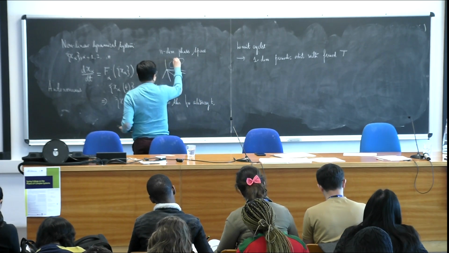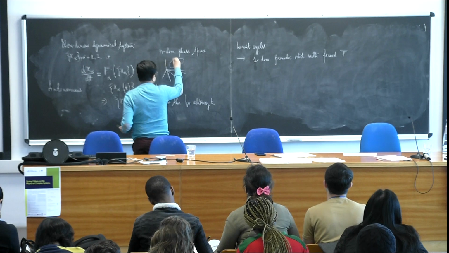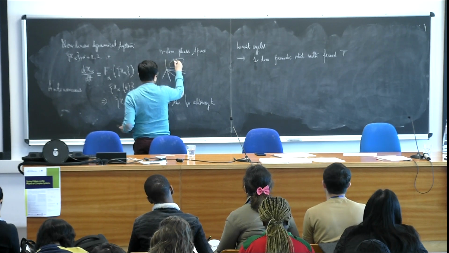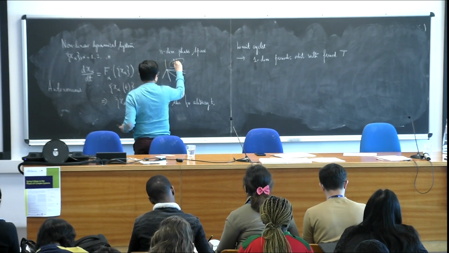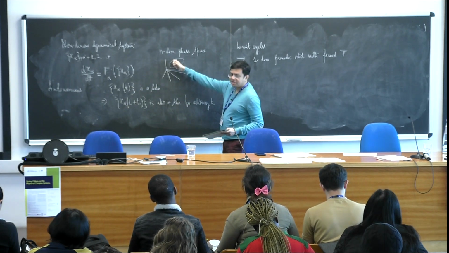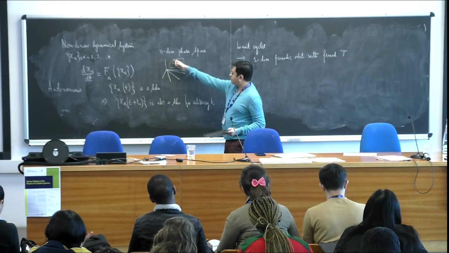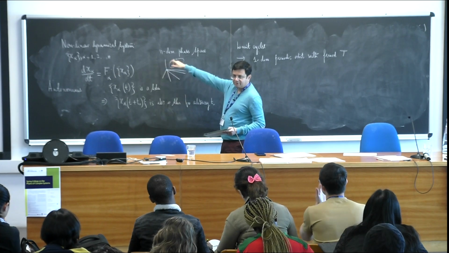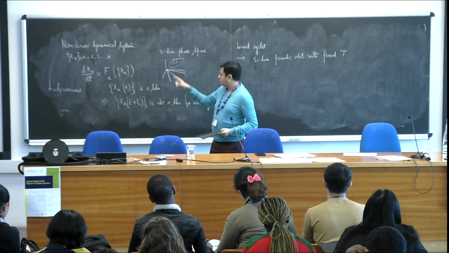So I can mark some arbitrary point on this closed orbit, call it time t equal to 0, and keep measuring the length of this orbit starting from t equal to 0 as the system goes round and round.